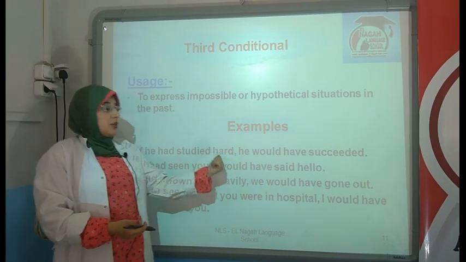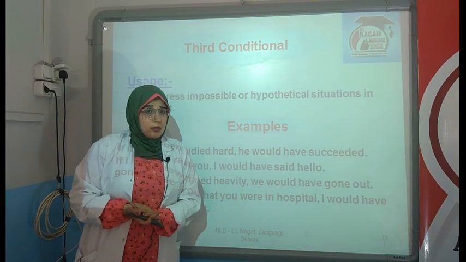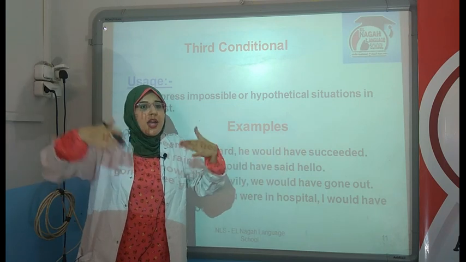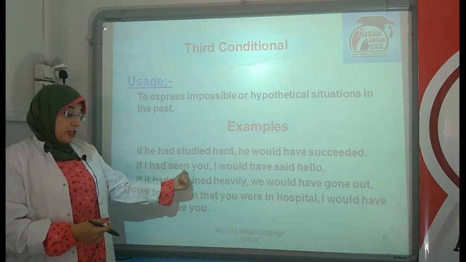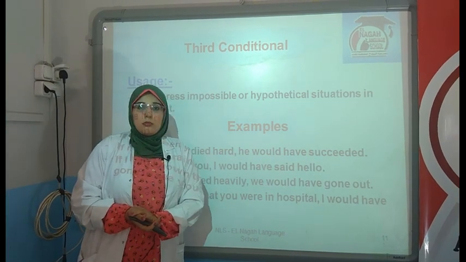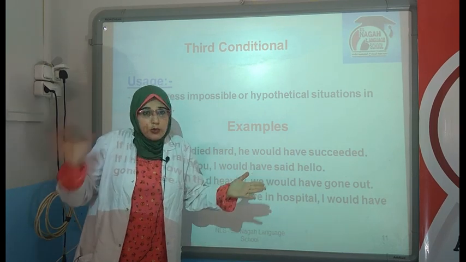If he had studied hard, he would have succeeded. It means that he didn't study hard, so he didn't succeed. He failed in the exam. If I had seen you, I would have said hello. I didn't see you, so I didn't say hello to you.